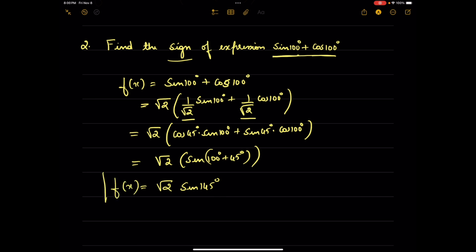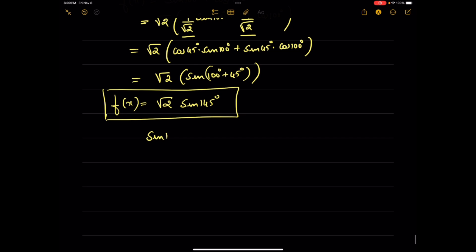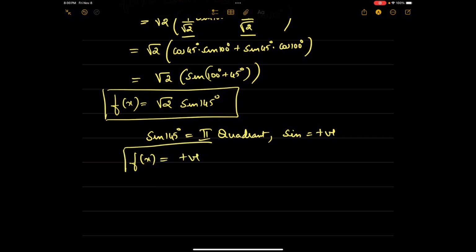So now f of x is square root of 2 times sine 145 degrees. Now sine 145 is in the second quadrant, and in the second quadrant sine is positive. So f of x is a positive value. So the sign of this expression is always positive. So this is how we can solve questions related to the sign of a trigonometric expression.